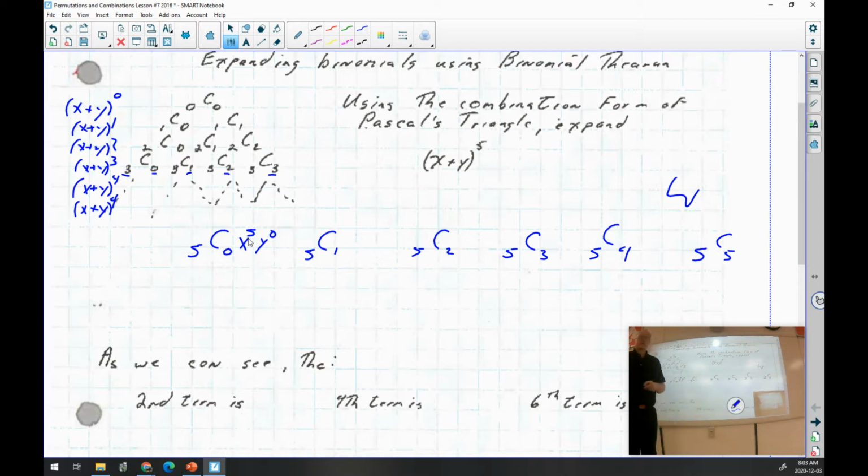Same thing with (x + y) cubed: x cubed plus 3x squared y plus 3xy squared plus y cubed. So that first term starts with the highest power, the power of the expansion, and it's going to be decreasing all the way across.